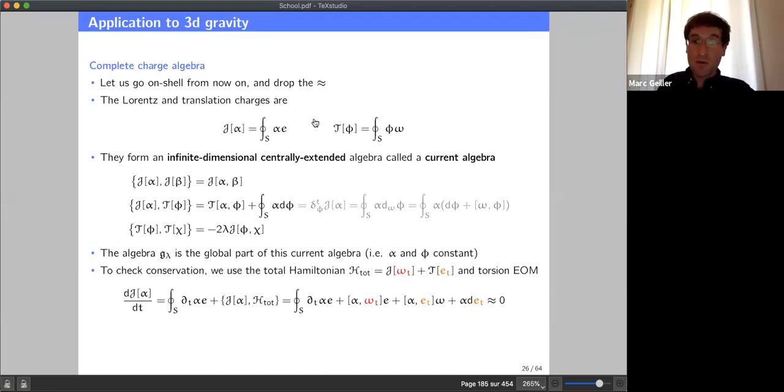So now, in fact, we have covered implicitly, without saying it, basically all cases that can happen. For the Lorentz transformation, you can actually show that this charge on the boundary is exactly the Noether charge. For Lorentz transformations, there is no difference between the Hamiltonian charge and the Noether charge. For the translations, you can show that this piece, which is the charge, is not the Noether charge.